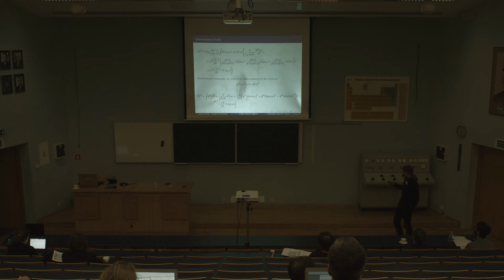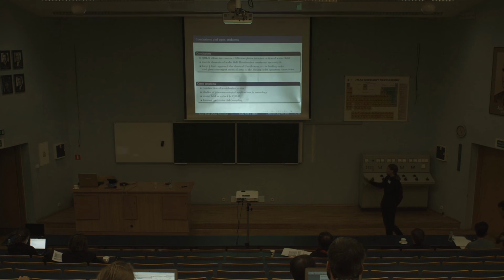The next-to-leading terms can give us quantum corrections to this expression. So let me conclude what we can do with such a result. We can study phenomenological applications using the next-to-leading order results.